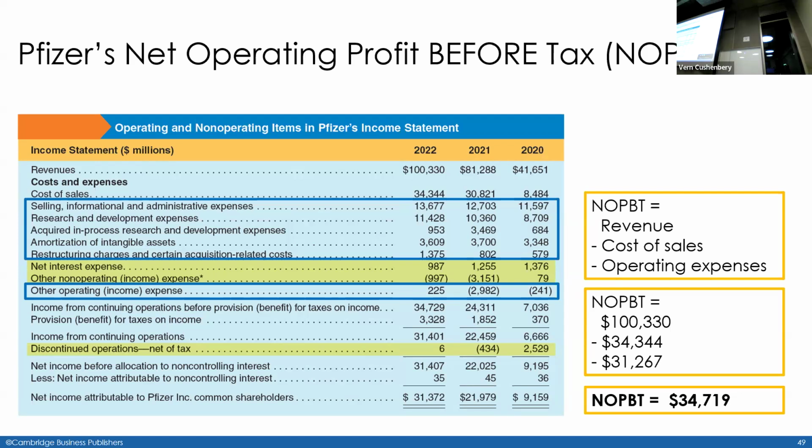Operating expenses are not always easy to identify because, well, this is another one of the frustrations about analyzing financial statements. Every single income statement you look at is going to be different. There's no mandate that a company call selling, informational and administrative expenses by that name.